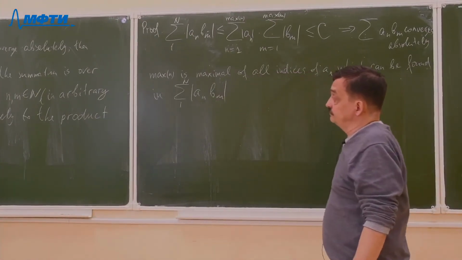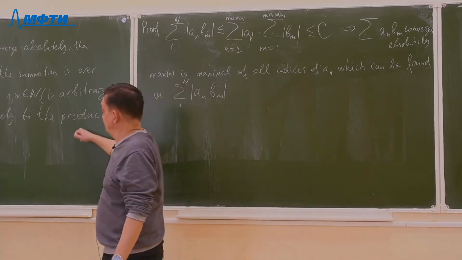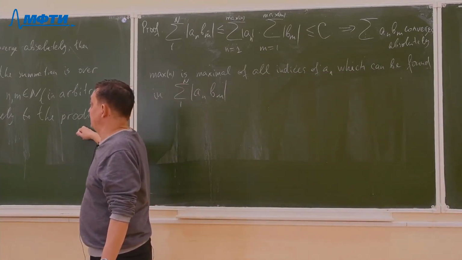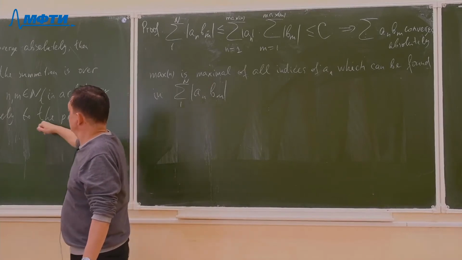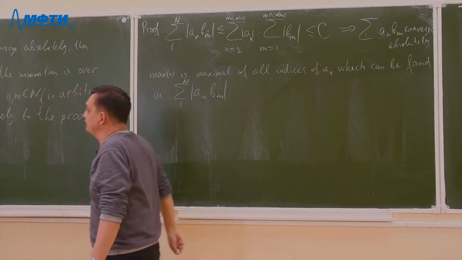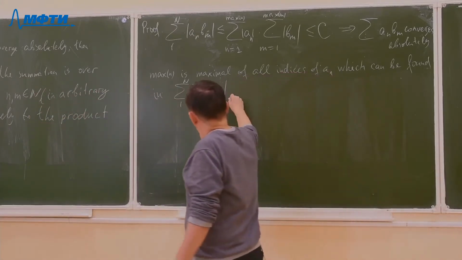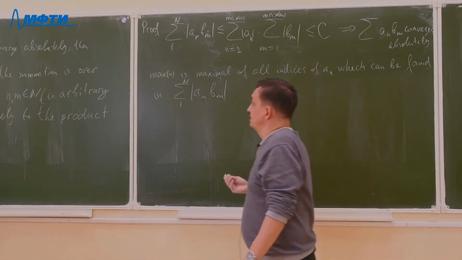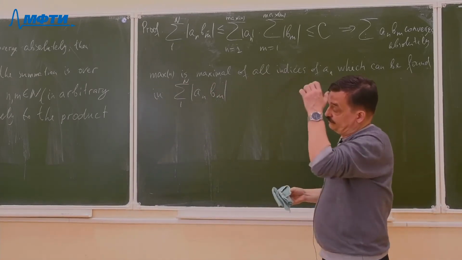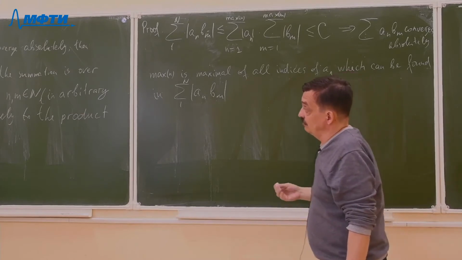Now we start the second part, about convergence of this series to the product. For that reason, we'll use the result of the former section, namely what we know.